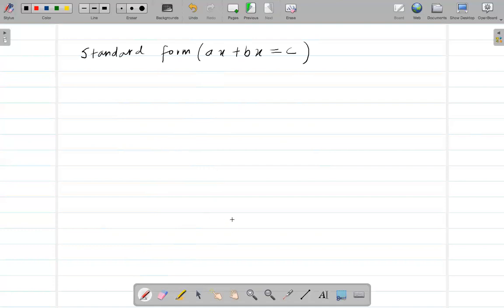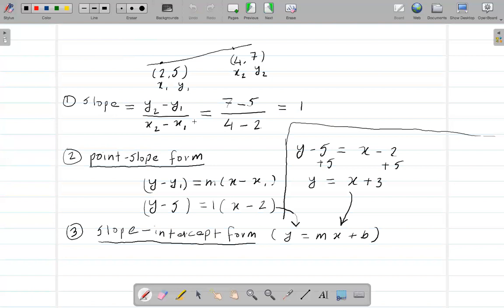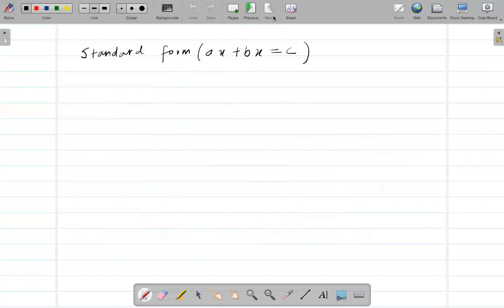So here, since we found here y is equal to x plus 3, so here the standard form, we have y is equal to x plus 3, right? So the standard form is basically, when you see this, on one side you should have just a constant or just a number, and everything else should be on other side.